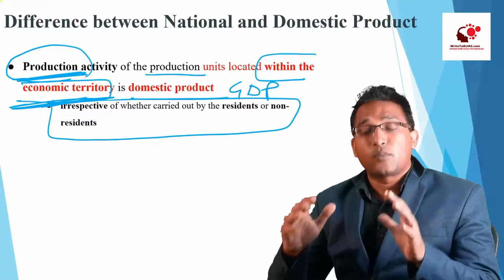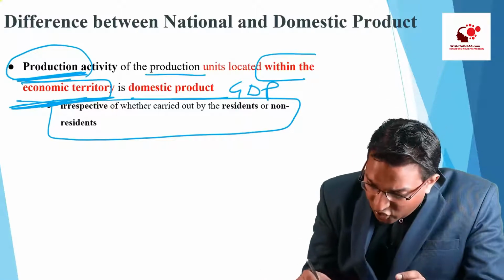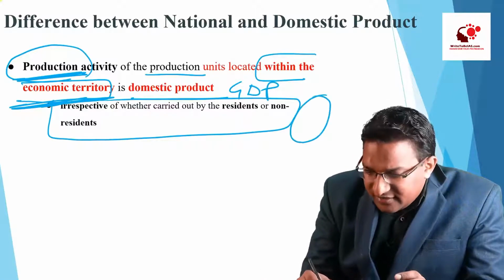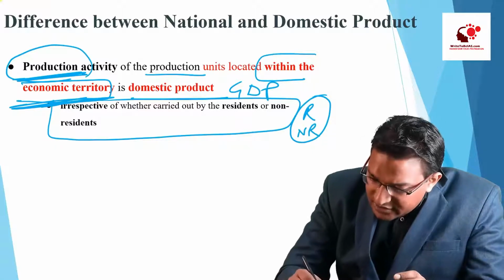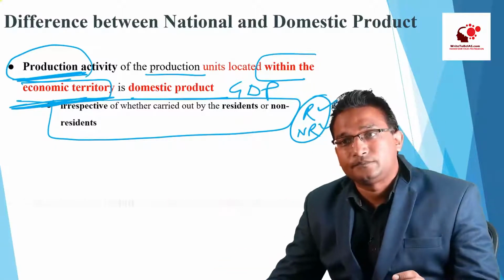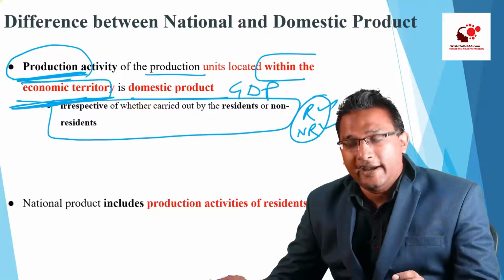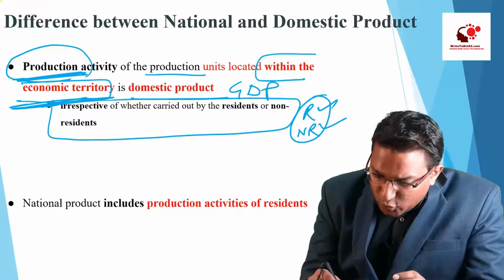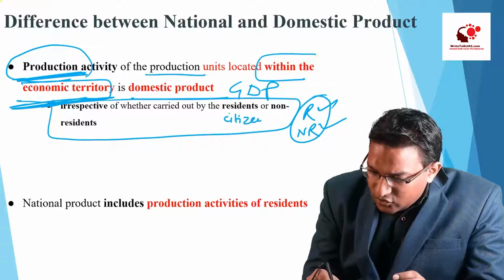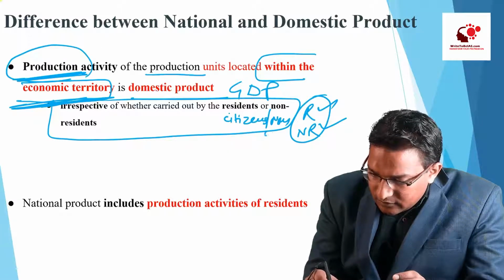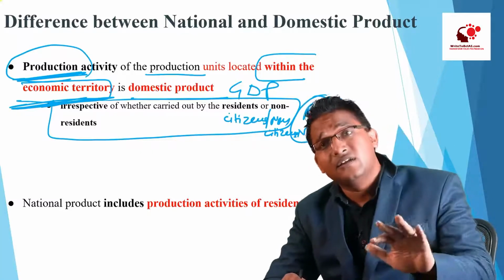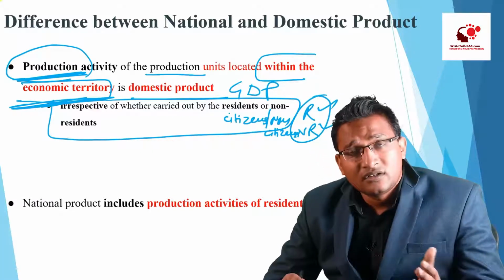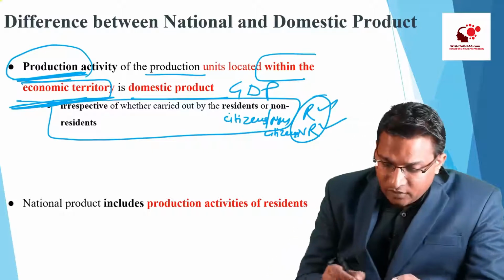So if the production is happening in the economic territory of India, whether this is carried by the resident unit or non-resident, this is part of the GDP of India. And basically the appropriate word will be the citizens or non-citizens, right? So whether this is the citizen or the non-citizen, that will be income of India.